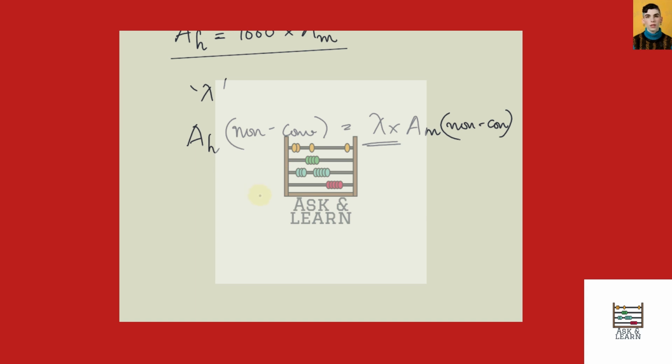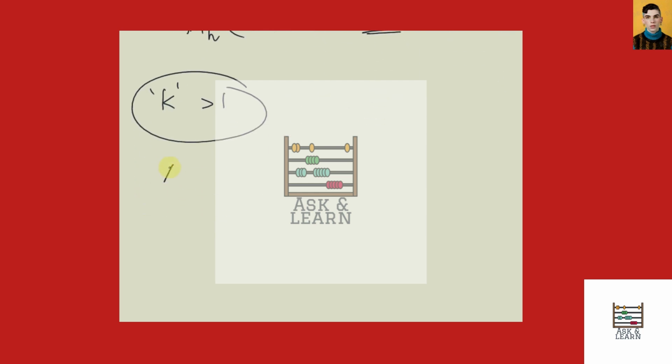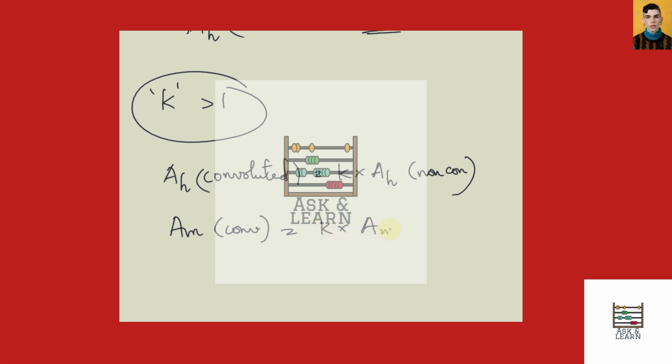Now we can assume that the convolutions in the human brain increase its surface area by a certain factor, K, which is greater than 1. Therefore, we can express A human for the convoluted will be equal to K into A human for non-convoluted, and A mouse for convoluted will be equal to K into A mouse for non-convoluted.